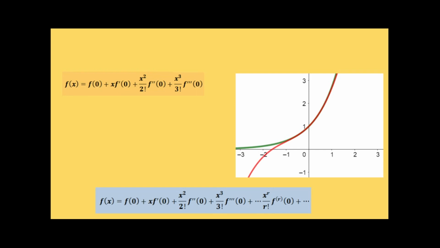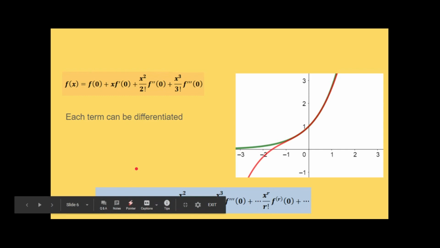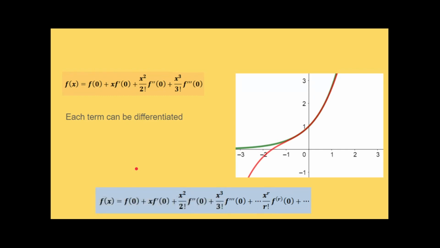But there's a couple of things that I've assumed so far that we need to be aware of, and it's worked fine for y equals e to the x. But what we're doing here is we're saying that each term can be differentiated. So our function at the start can be differentiated. And then our differential can be differentiated again to find the second derivative.